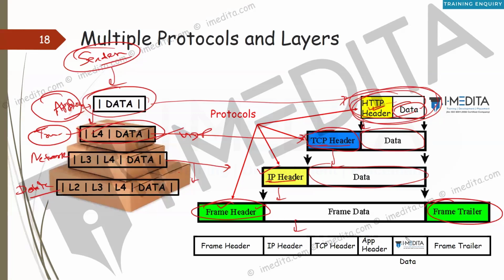So you could see here that you had data which was encapsulated by the application layer header like the HTTP header, then the TCP header was attached, then the IP header was attached, and at layer 2, not only do you attach the header but also the trailer. So you get the header and trailer both at data link.